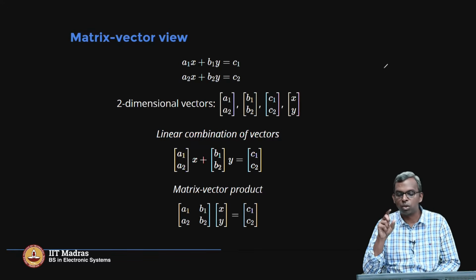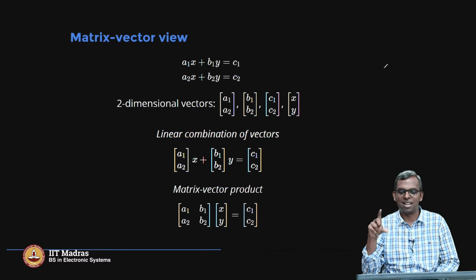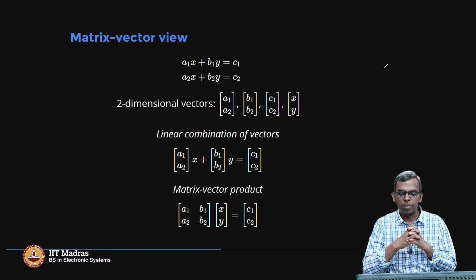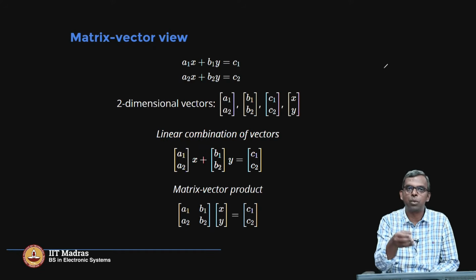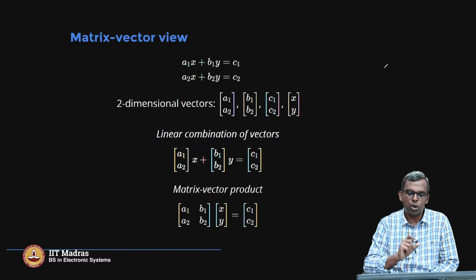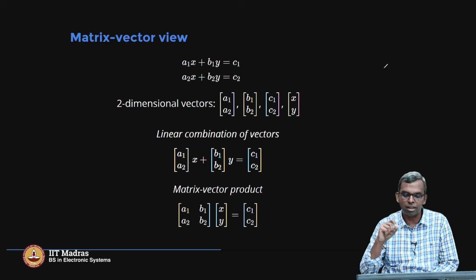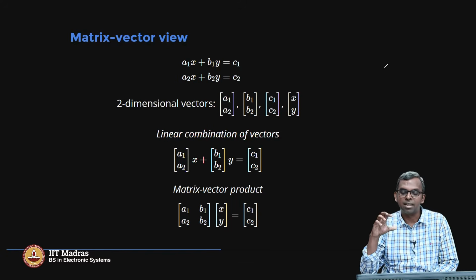There are two coordinates, so it becomes two-dimensional. And then b1 b2 is another vector, c1 c2 is another vector, xy itself is another vector. So you see all these vectors, and then these vectors are related through this linear combination in this equation. That word linear combination is very important. It's a critical idea that connects these equations to the vectors.